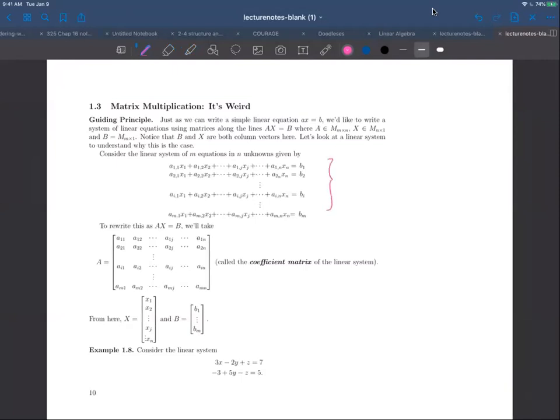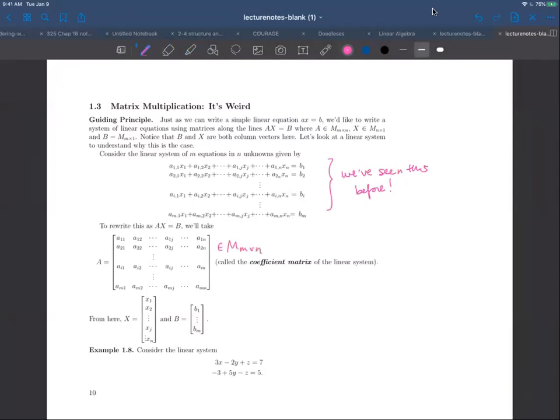We've seen this before, and we want to rewrite it to look sort of line-like. We're going to rewrite it as AX = B, where A, X, and B are matrices. We take A to be the matrix with all the coefficients in it. So it's an m by n matrix.